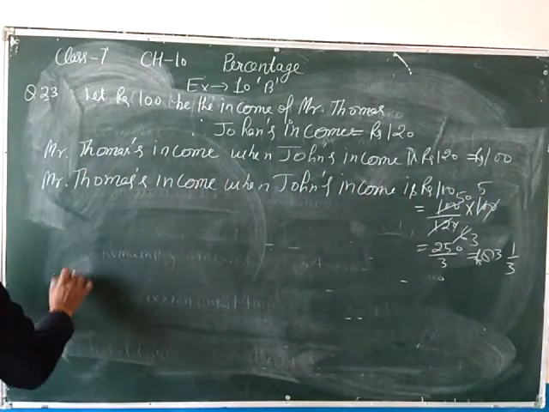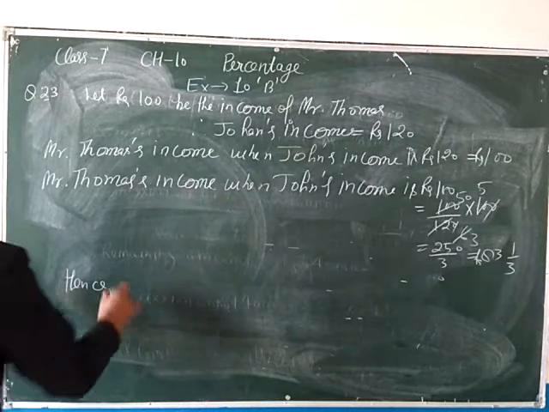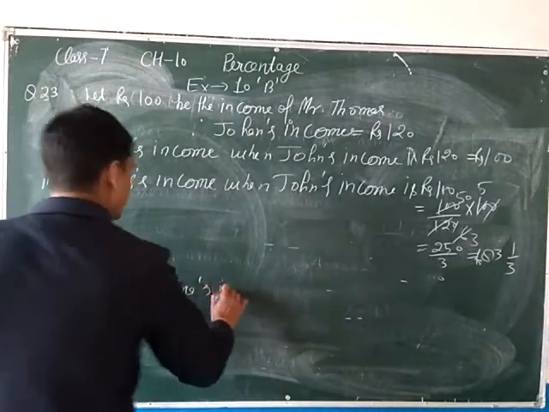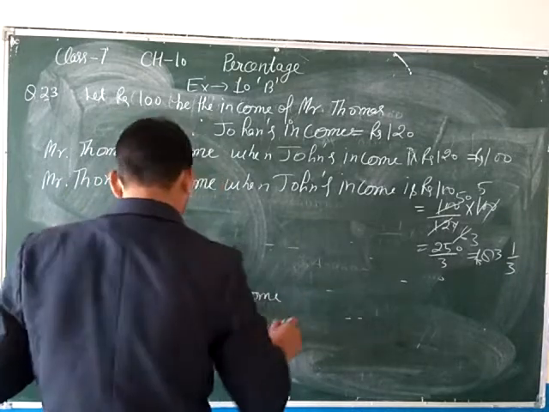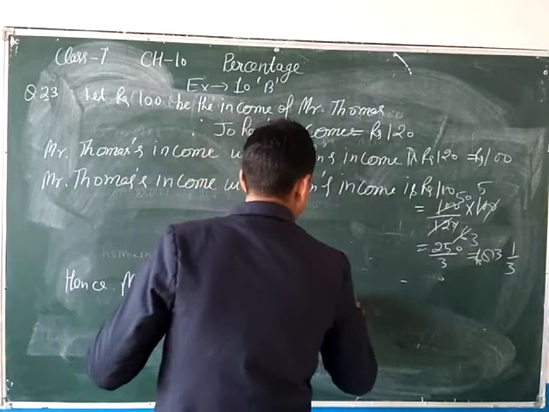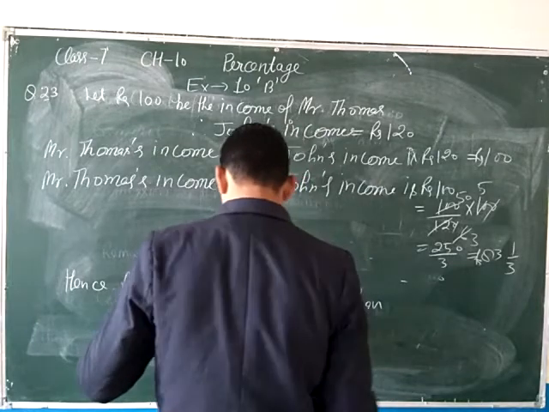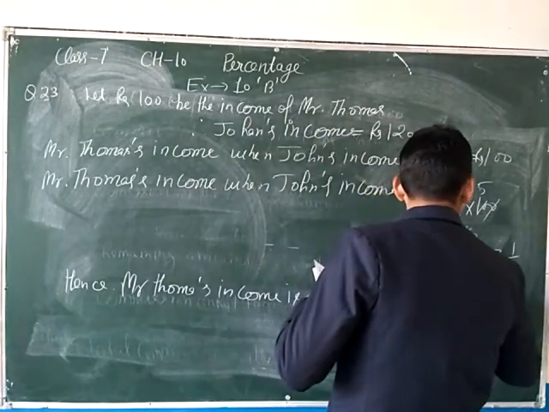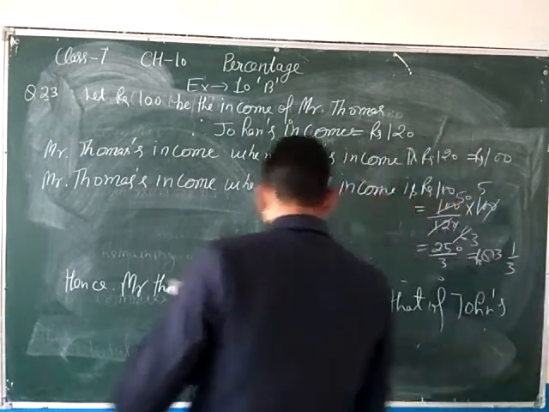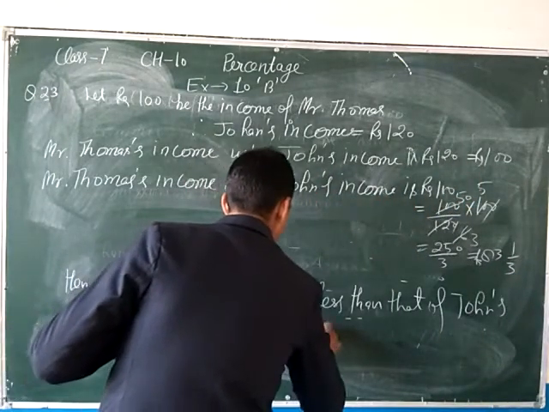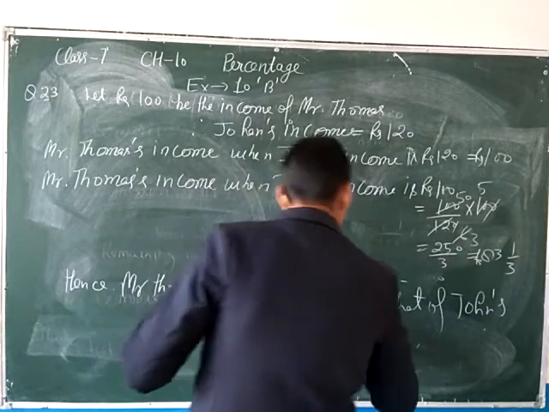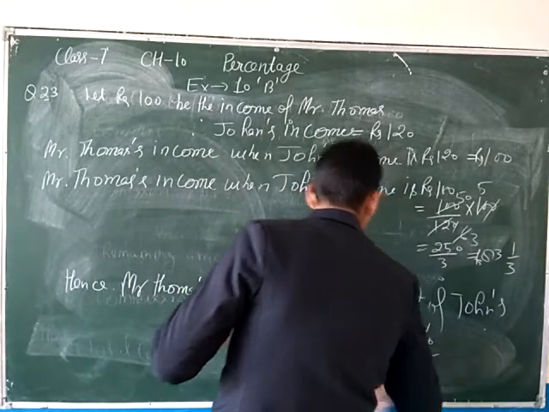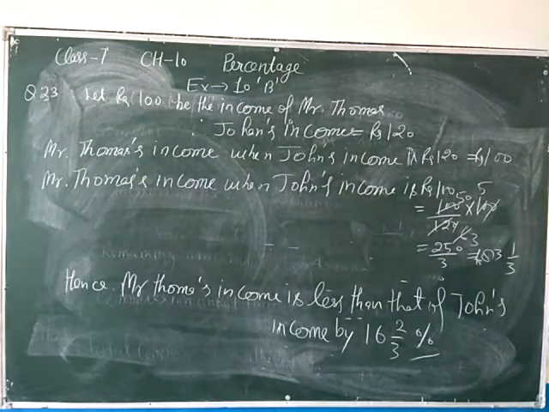Hence Mr. Thomas's income is less than that of John's income by 16 whole 2 upon 3%.